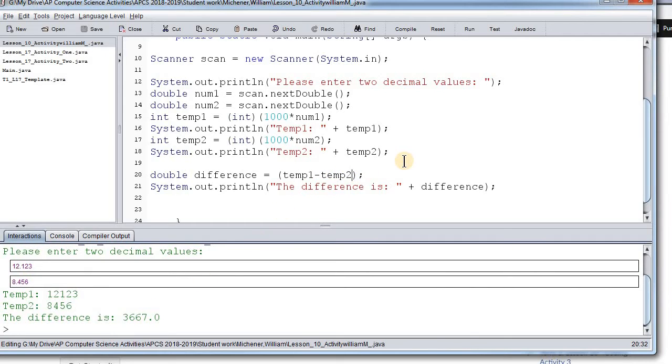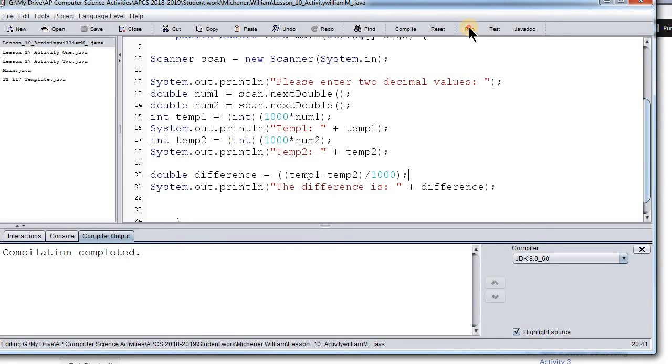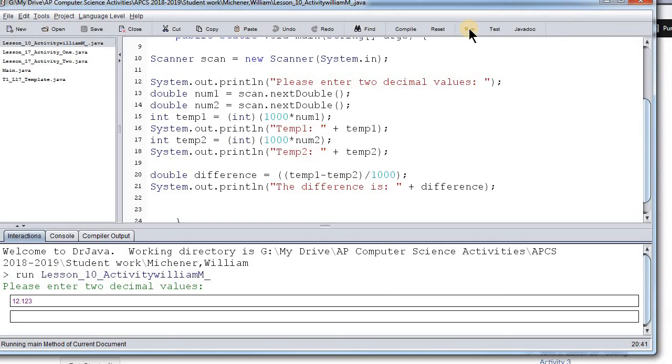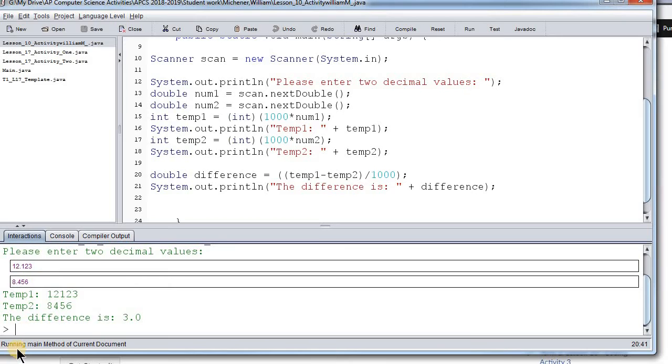So I'm going to take this and divide by 1,000. Okay, and then I think what's going to happen is the problem you've run into. So let's go 12.123, 8.456. Okay, so the difference is 3 now, instead of the 3.667.